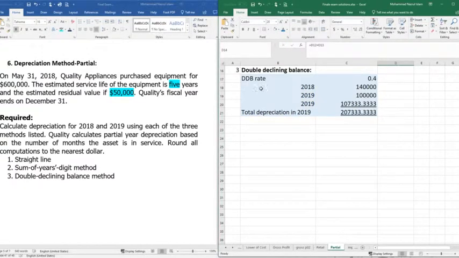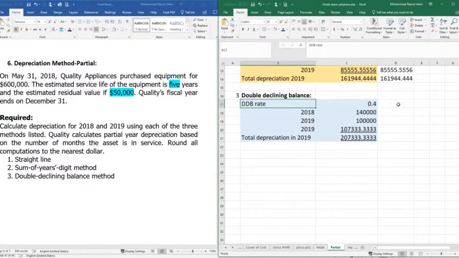Now come to the double declining balance method. The double declining rate would be equal to 1 over 5, multiplied by 2. That is 40% depreciation. So in 2018, how do we calculate that? We will consider the full value, meaning the full cost.